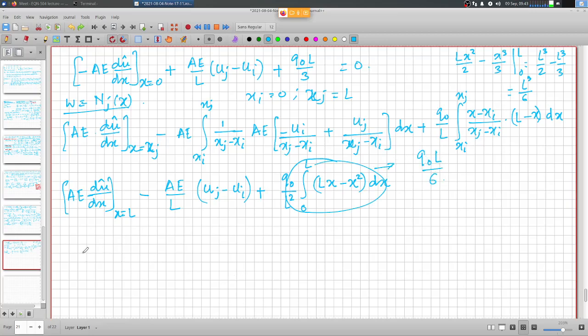So this equation now is AE du hat by dx at x is equal to L, minus AE by L multiplied by uj plus AE by L multiplied by ui, plus Q naught L by 6. So let us collect the terms known on one side and unknown on the other side, and I can arrange this in terms of matrix arrangement.